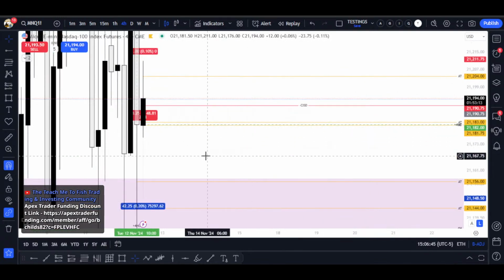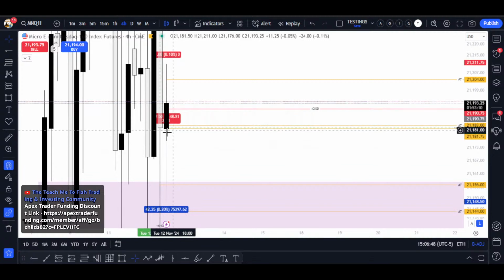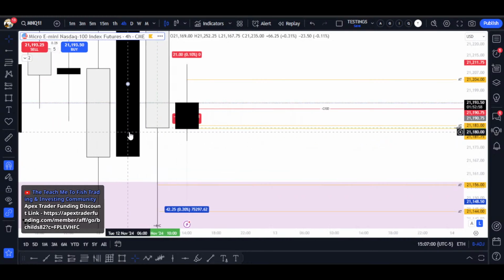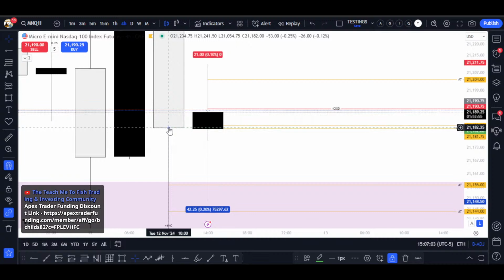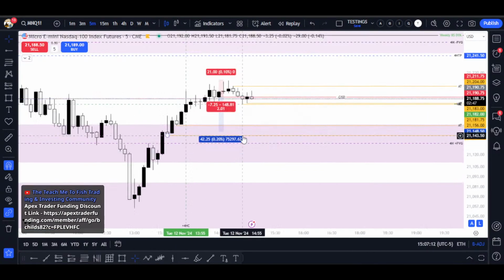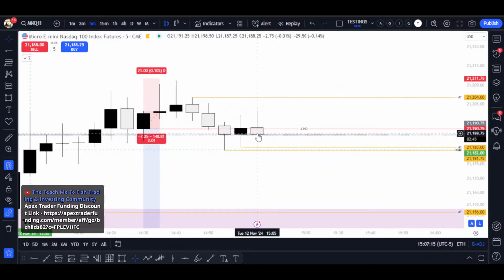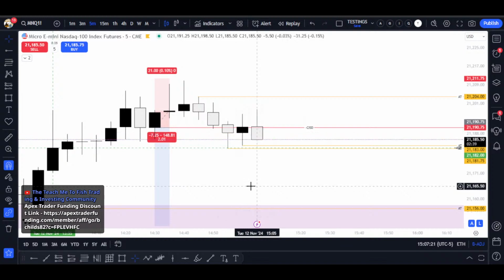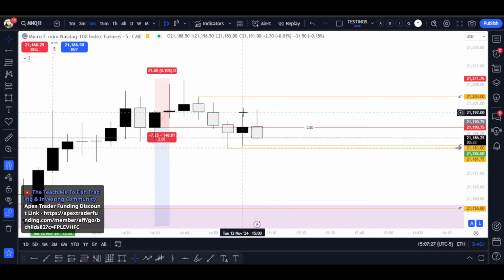Let's see what that 4 hour is looking like. Here we got a wick down here. So we swept 3 o'clock's high.